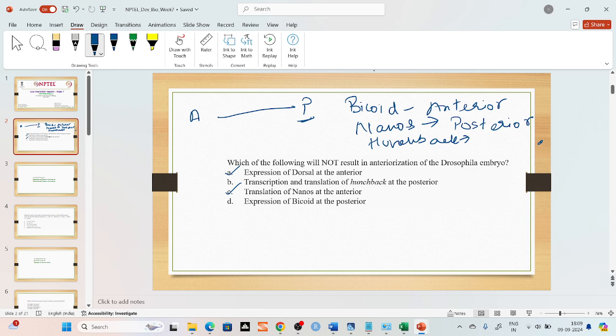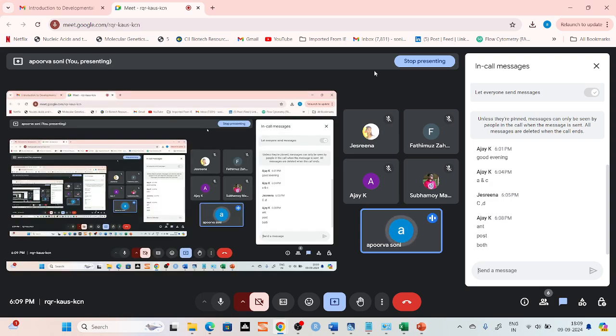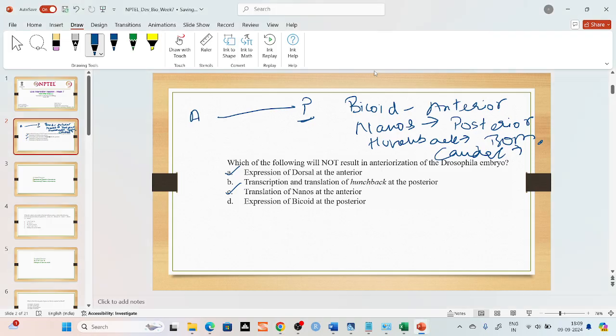And then caudal: anterior or posterior? Anybody knows? Caudal is involved in anterior axis formation or posterior axis formation?